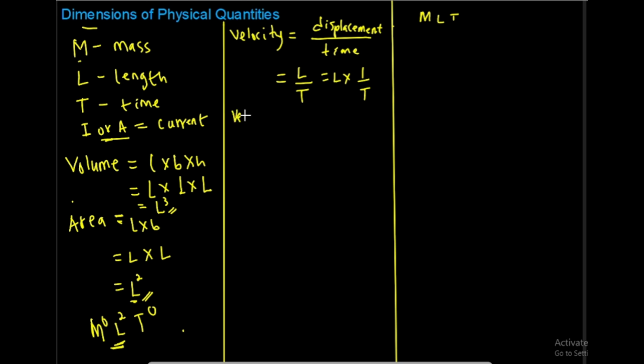So the dimension for velocity now is going to be equal to L times, and we can simplify this now to be a numerator. To do this, we use one of our laws of indices. And what's that law all about? It says that if you have 1 over a raised to power x, you take the inverse. If it is a positive power, this power will become negative.